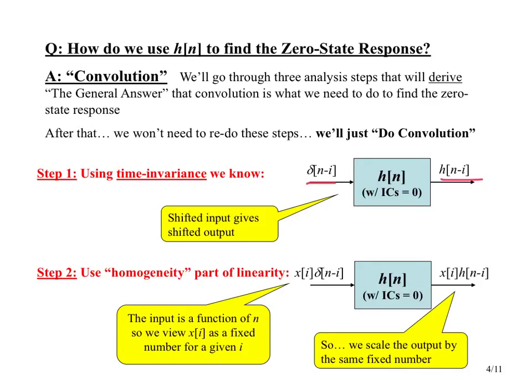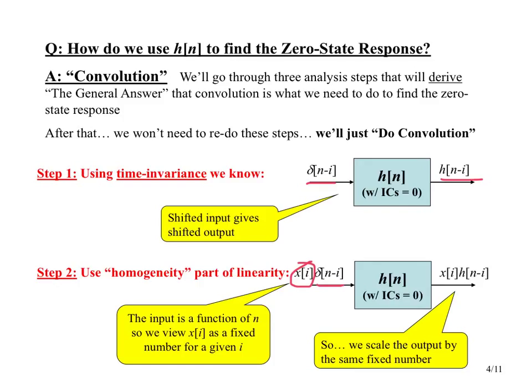Second step, using part of linearity, and this is what people would call the homogeneity part of linearity. So we're not weighting two different inputs and adding them together. We're just weighting one input. So that's the homogeneity part. So we're going to take a given number i, go and grab the input sample at that instant i, and so there's a single number times a function of n.